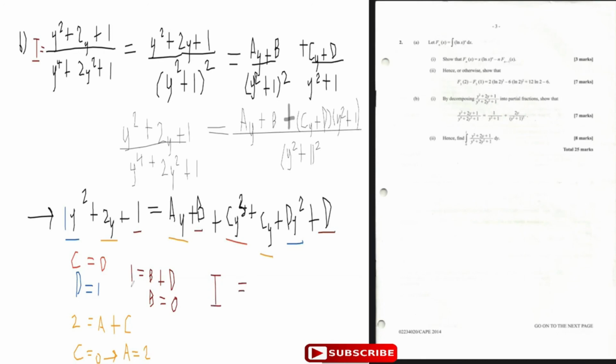ay plus b. Ay plus b, what is y? A is 2. So it's equal to ay, which is 2y over y squared plus 1 all square, all right, plus cy plus d.